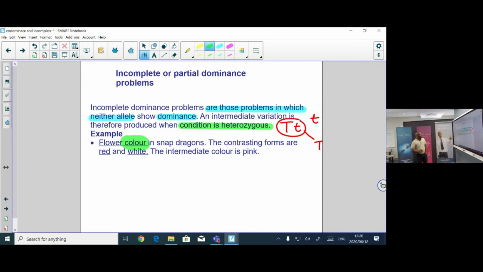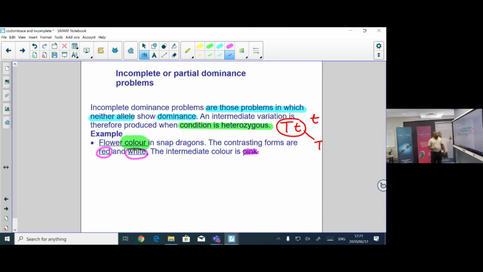The contrasting forms are red and white. When they meet, their offspring is pink.